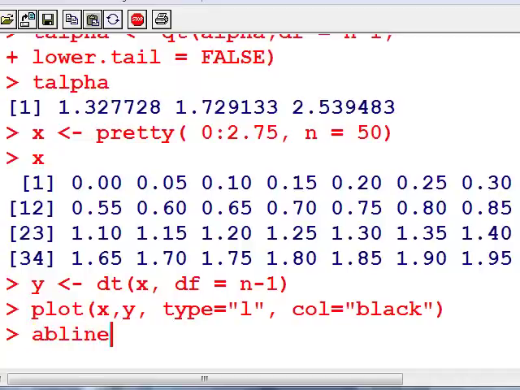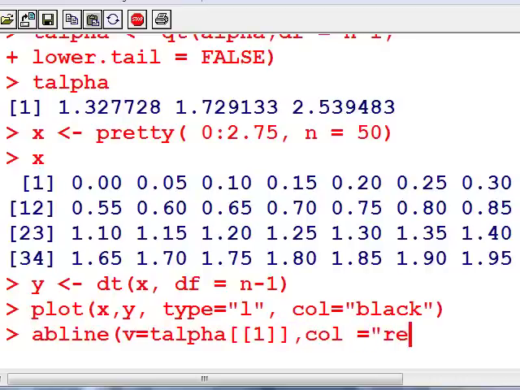Let's put our vertical lines on here, and they're going to be at T alphas. Remember, vertical line, T alpha, double bracket, first one, and give it a color if you want.